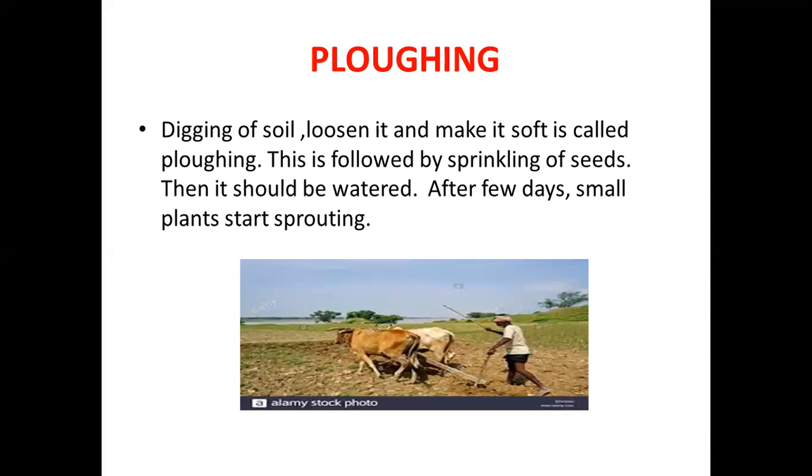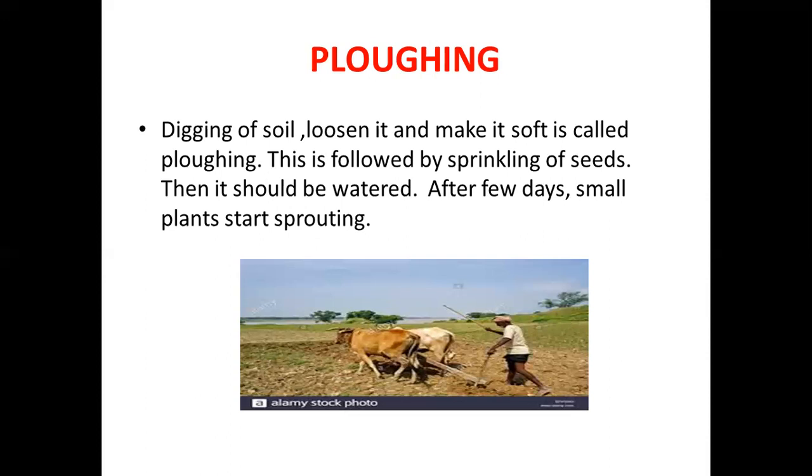Then the farmer waters the field. After sprinkling the seeds, he waters the plants. After a few days, small plants start sprouting. Along with these sprouts, weeds also may appear in the fields. The seeds of weeds are brought to the fields by birds and other animals.